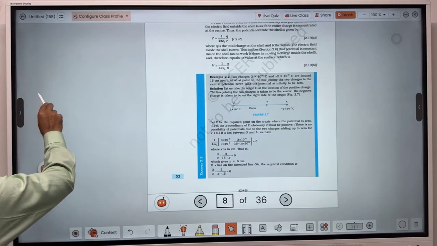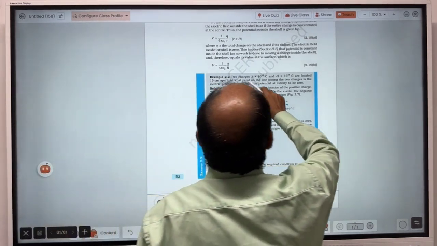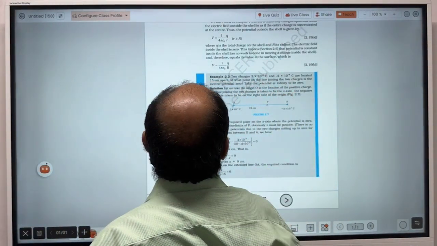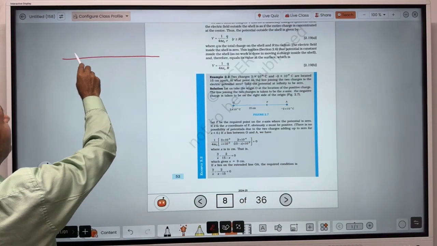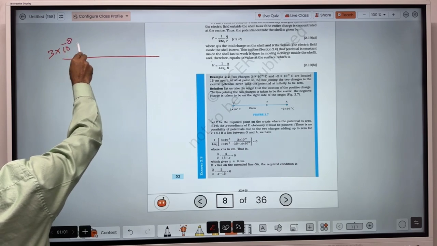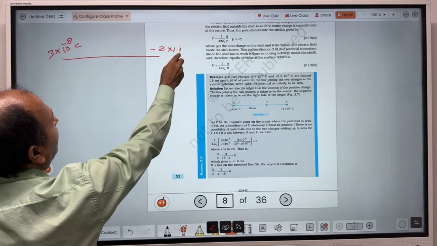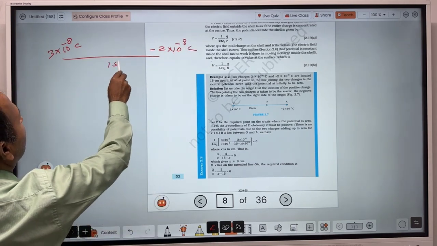The question says two charges, 3 into 10 to the power minus 8 and minus 2 into 10 to the power minus 8, are located 15 centimeter apart. So there are two charges. One is 3 into 10 to the power minus 8 coulomb, another is minus 2 into 10 to the power minus 8 coulomb, and their separation is 15 centimeter.